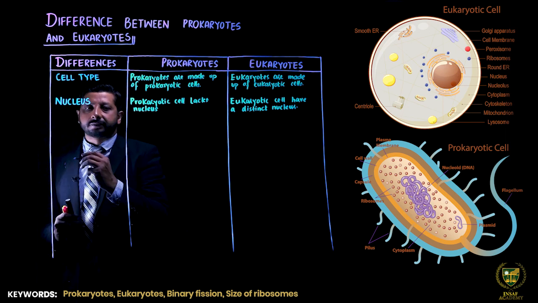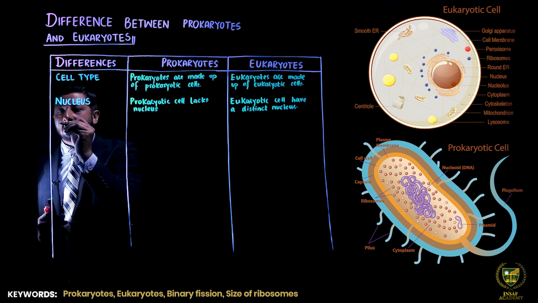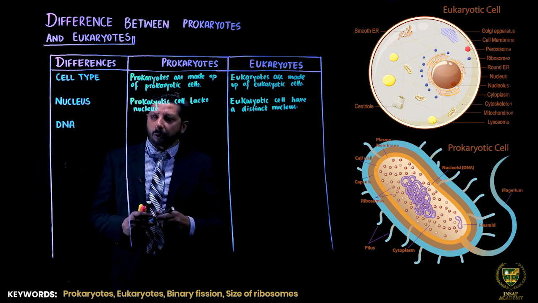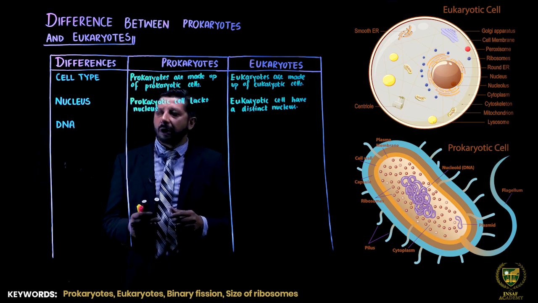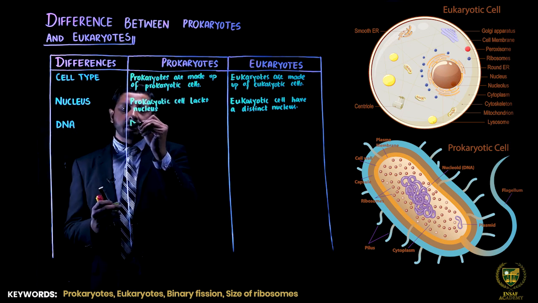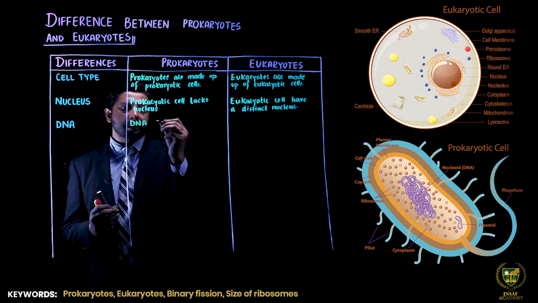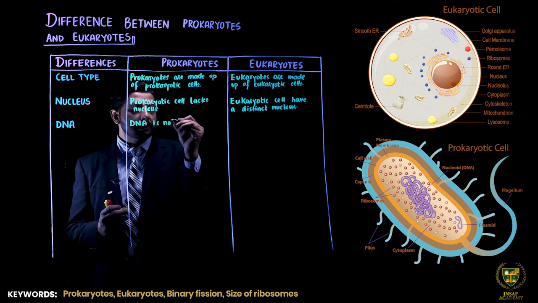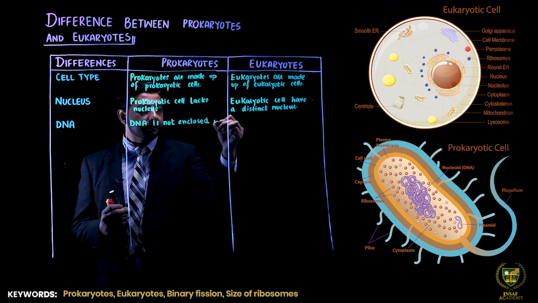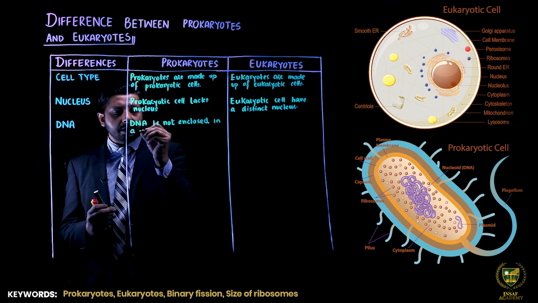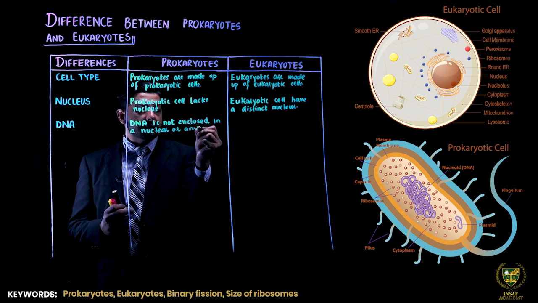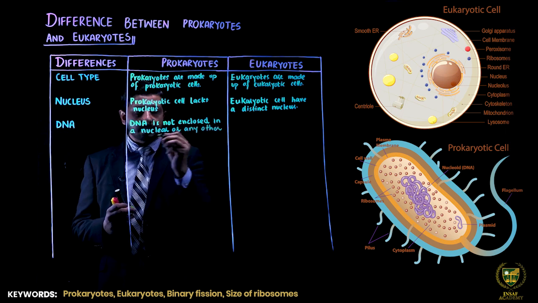Next is the DNA, that is the deoxyribonucleic acid, the genetic material or the nucleic acid. So in case of prokaryotes, DNA is not enclosed in a nuclear or any other membrane.